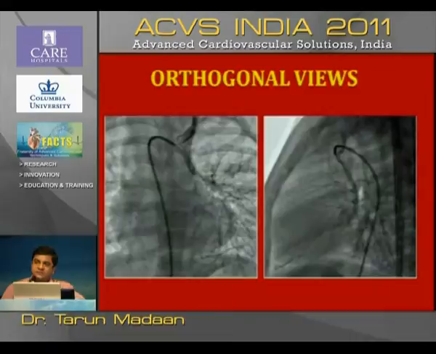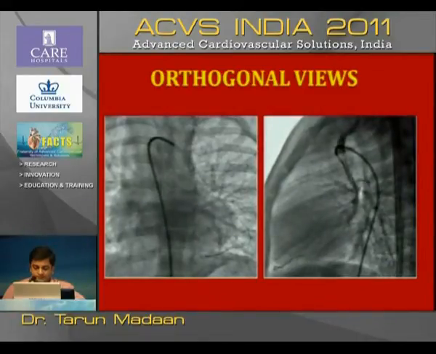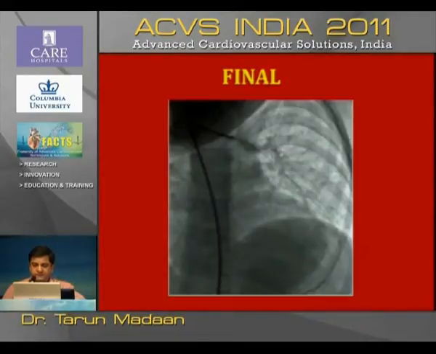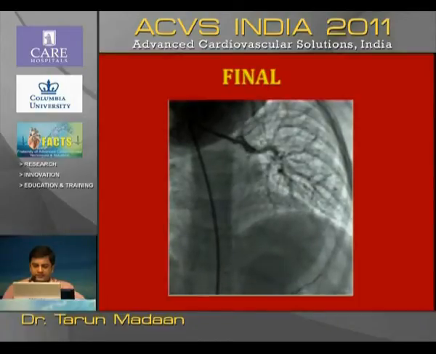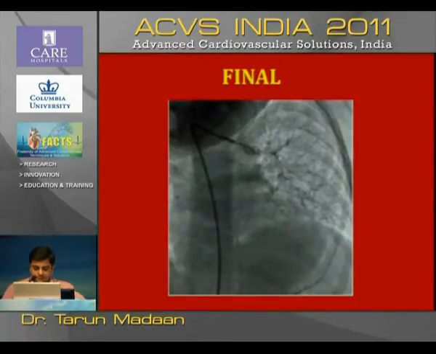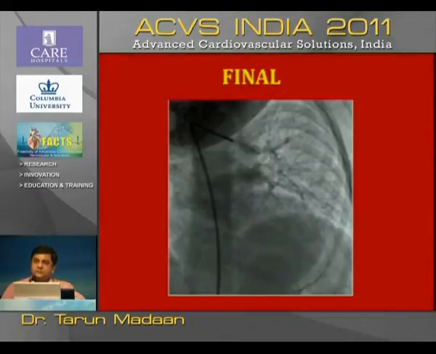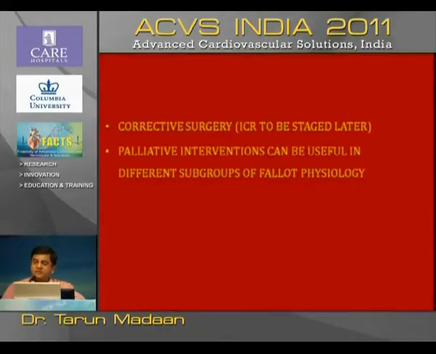And the saturations immediately improved from 64 to 84%. This was the final picture. It shows the whole lung parenchyma, and then this patient was staged for a corrective surgery later on, and the message was palliative interventions can be useful in selective subgroups of tetralogy of Fallot physiology. Thank you.